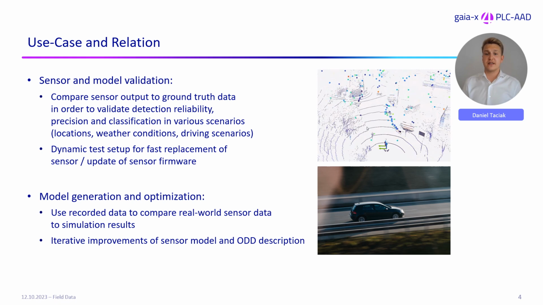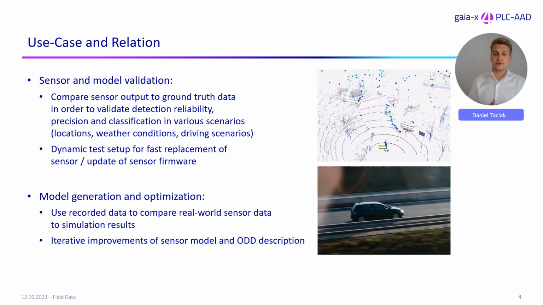That, for example, means that the sensor performs as expected on a sunny day as well as a foggy or rainy night. Also, one of the upsides of using a vehicle specifically developed for performing field data acquisition is the high flexibility of being able to quickly replace or manipulate the sensor under test. Such tasks would be more time and resource consuming on a fully integrated solution like production vehicles.